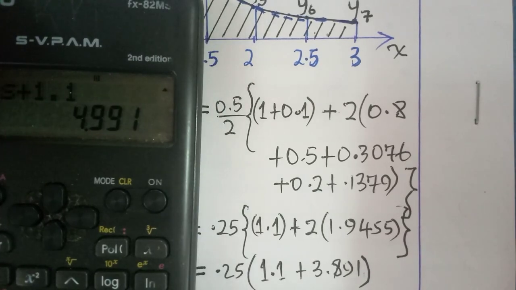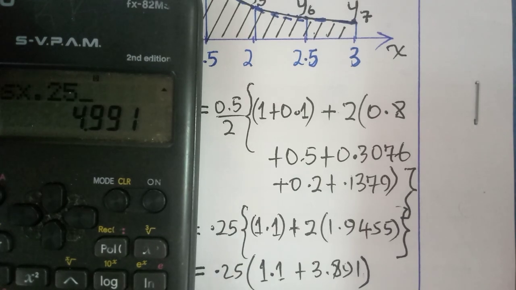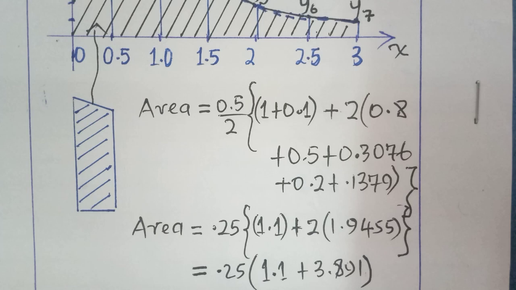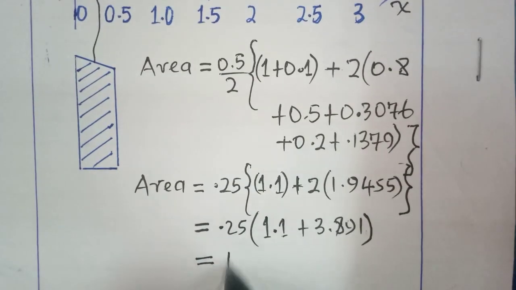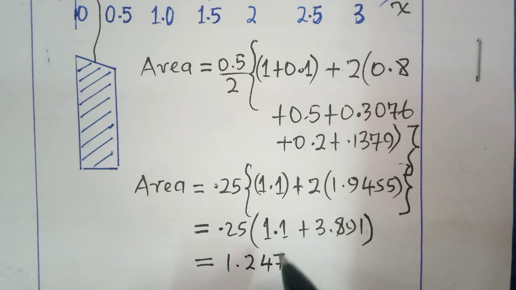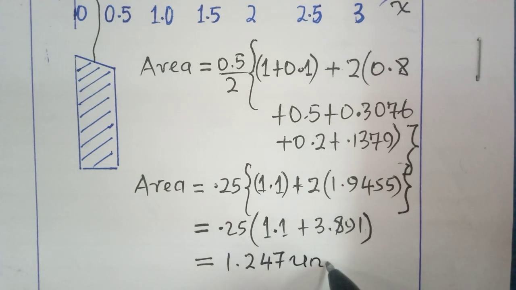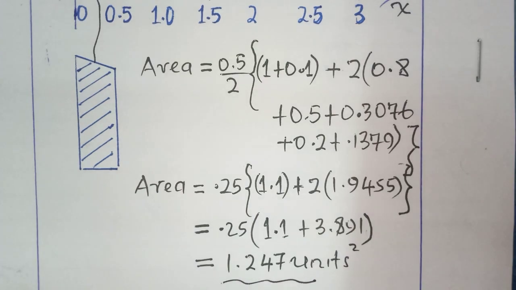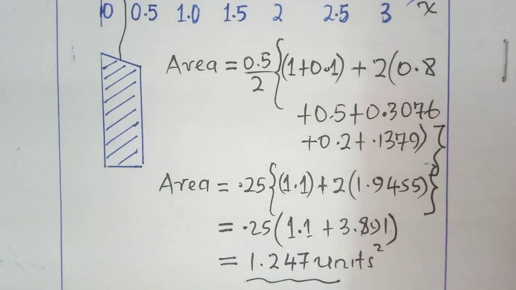Now you multiply by 0.25, so the solution is 1.247. These are units squared. So thank you guys for listening to me. Bye bye.